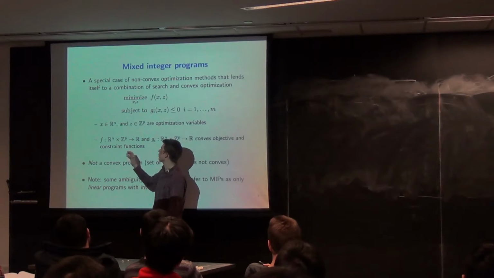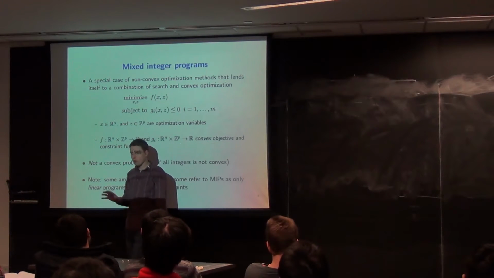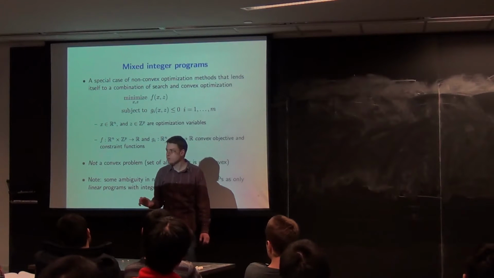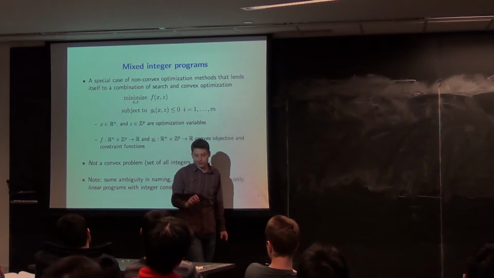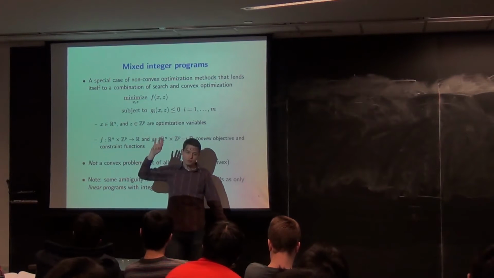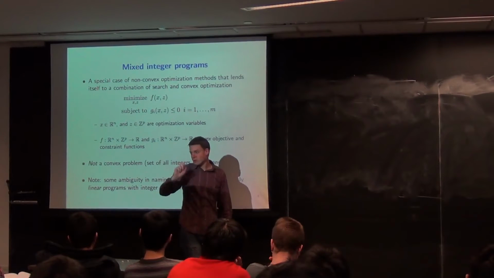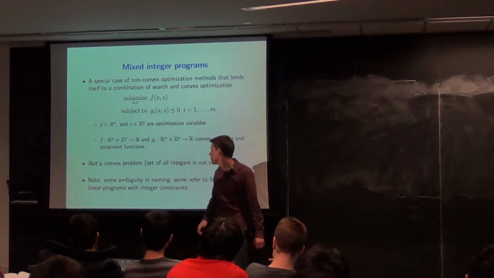Throughout this lecture, I'll refer to these two sets of variables as x and z. x are our normal, continuous, nice variables that we're used to handling in the convex case. And z will be our integer variables. So here, x is in R^n, that means it can take on any real valued number, and z is in Z^p, and the bold Z here refers to the set of all integers.